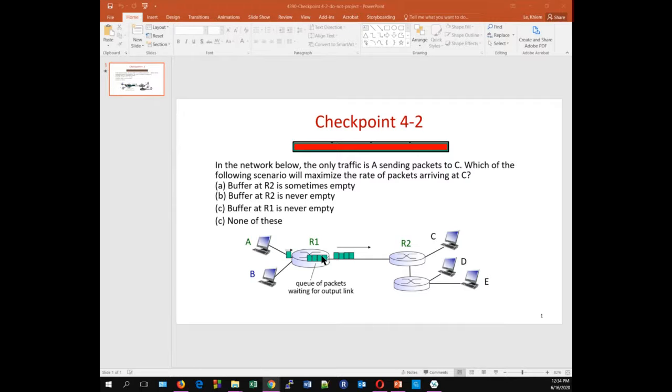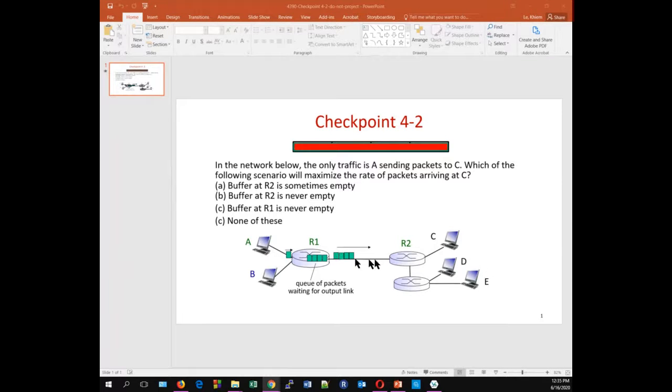Okay, because you may have, for example, the buffer at R1 which is never empty, but then you may still have times where the buffer at R2 is empty, because let's say the transmission rate over this link is low compared to this transmission rate. Then there will be times where the buffer at R2 is empty, right?